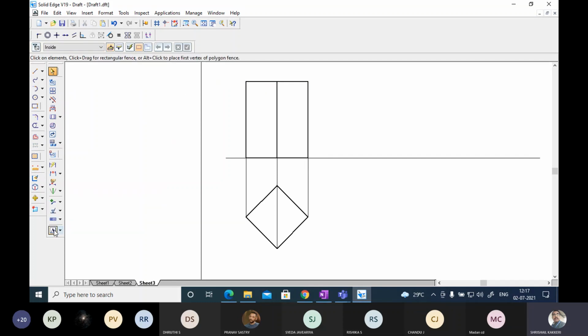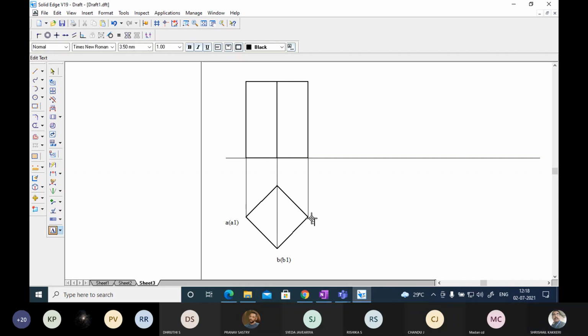Now, that portion of the work is over. Now, let me write A in bracket A1, and this is B in bracket B1, and this is C in bracket C1, similarly this will be point D in bracket D1.